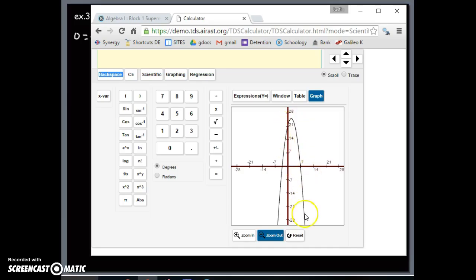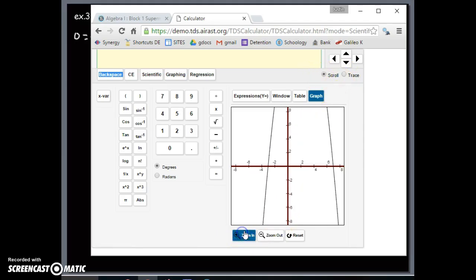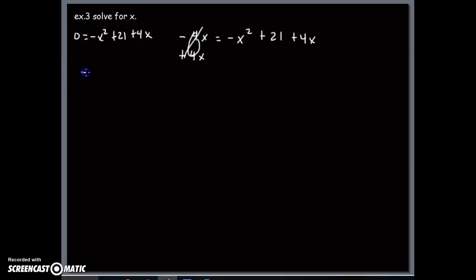And it's opening down, so we've got a maximum value, but we want to focus on the solution. So if we're going to zoom into the x-intercept, and I'm zooming in, and it looks like this is -3, so it looks like one of our solutions is -3.